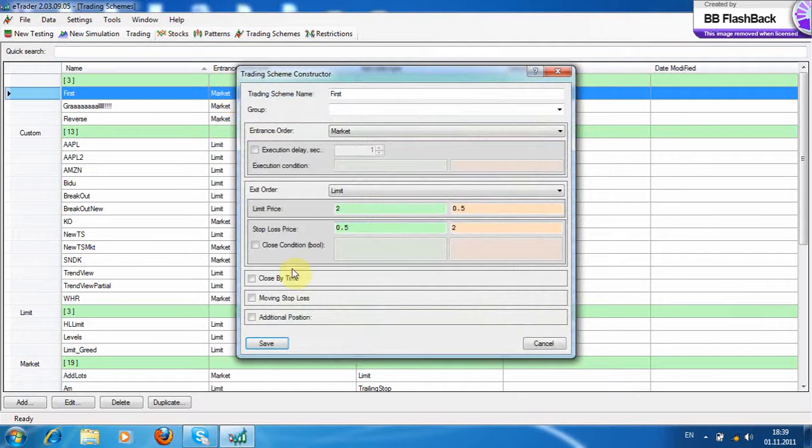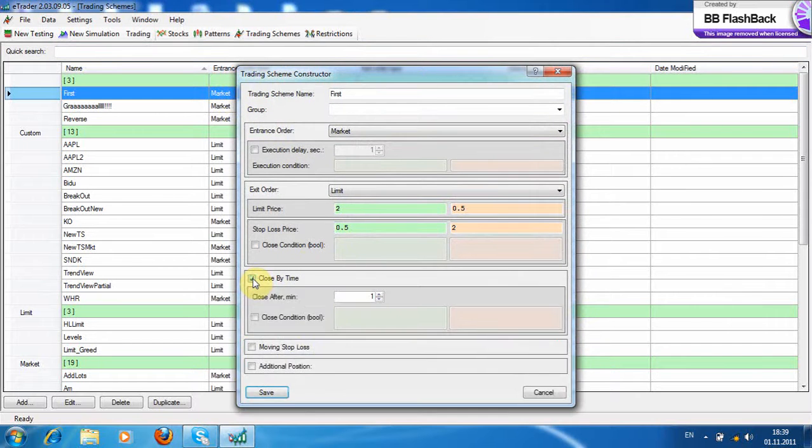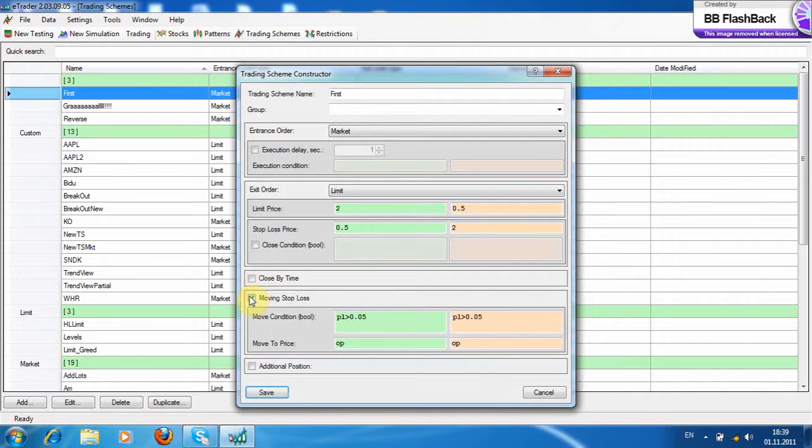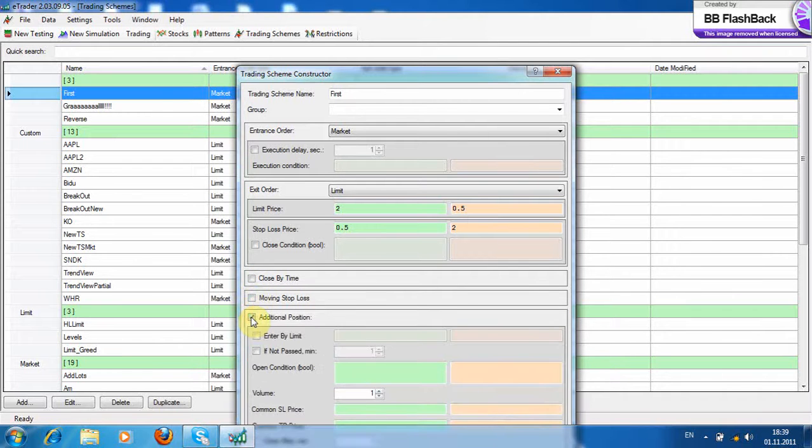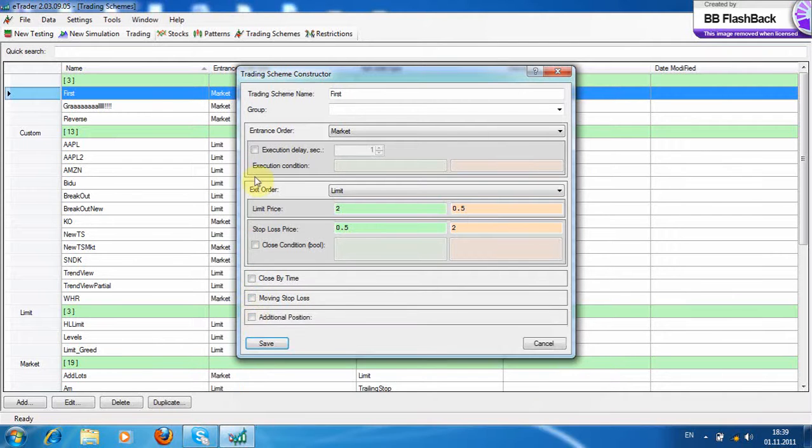We can close by time. We can move stop loss. We can add additional positions. We can have execution delays and all kinds of nice and pretty things that a trader can think of in order to upgrade their trading. That's how the trading scheme constructor works.